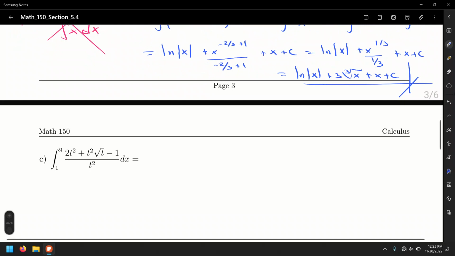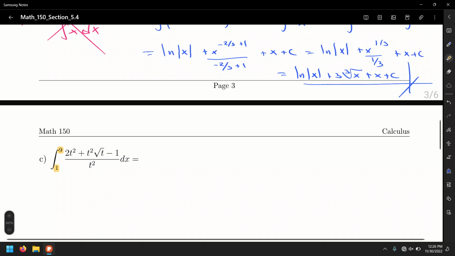It's very similar, in which we will have to first split this up and then do the integration. However, this time we're going to have limits of integration for which we are going to use the fundamental theorem of calculus.